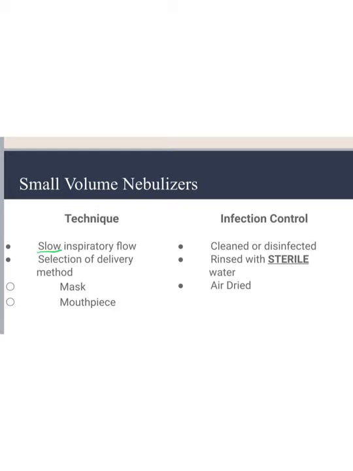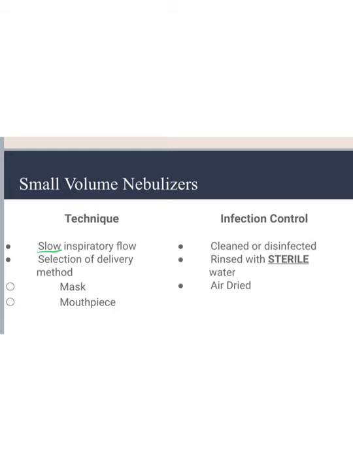We also want to encourage intermittent breath holds because remember, those median particles, the medium size, are going to fall out of airflow and gravity is going to help deposit them into the airways. So we want to encourage big breaths in and for them to hold them. And this is going to encourage them to have deeper deposition down in the lungs.